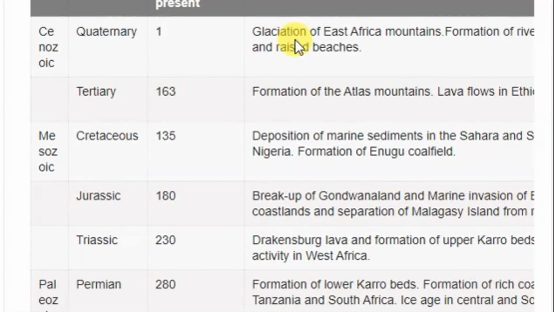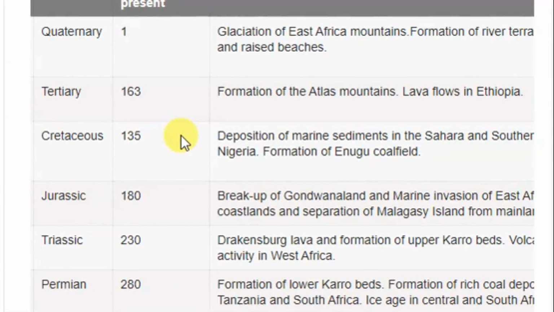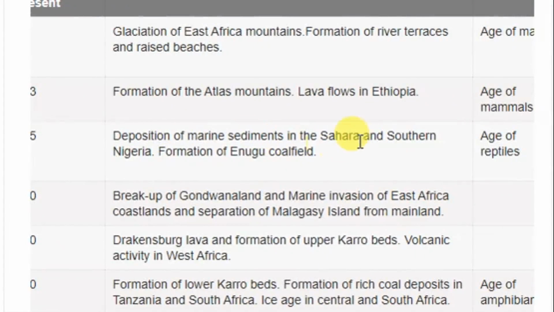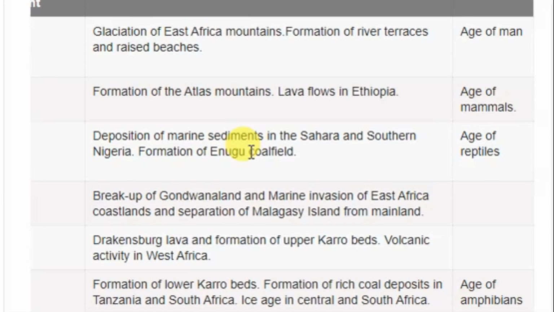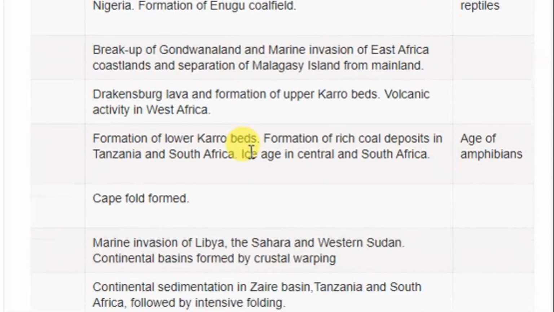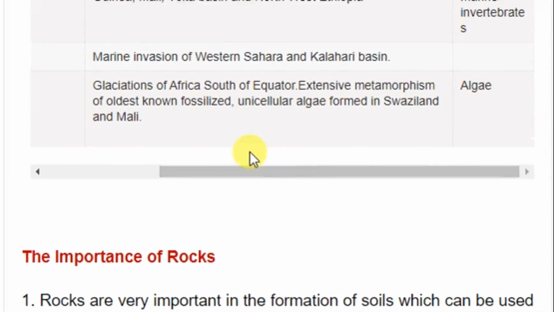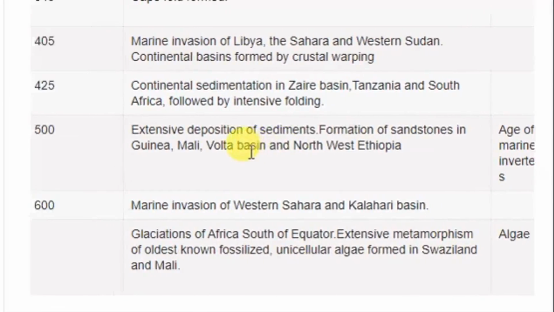Then unakuja kuona kuna Mesozoic ambao kuna period hiyo hapo, Cretaceous, 135 million years. Deposition of marine sediments in Sahara and southern Nigeria. Unaona age of reptiles. Unazidi kushuka huku chini kuna age of amphibians, age of marine invertebrates na age of algae, maanake huku chini miaka inazidi kwenda chini zaidi.